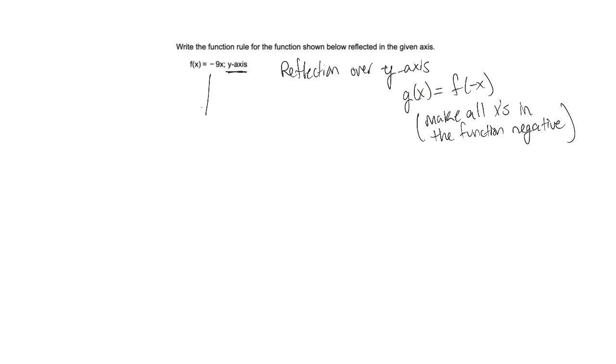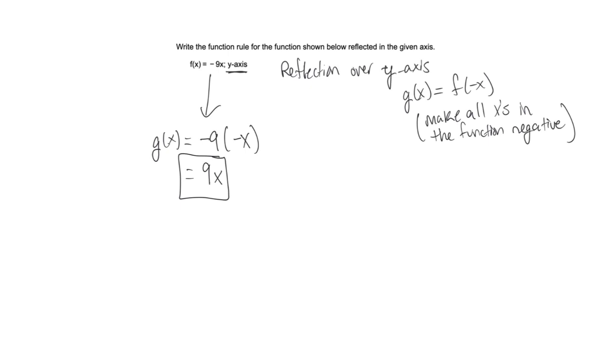Okay, so g of x is equal to negative 9 times negative x, which becomes positive 9x, and that's your answer. Pretty easy on the y-axis.